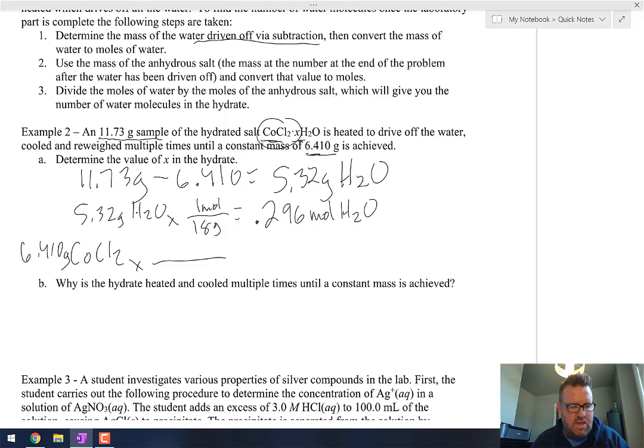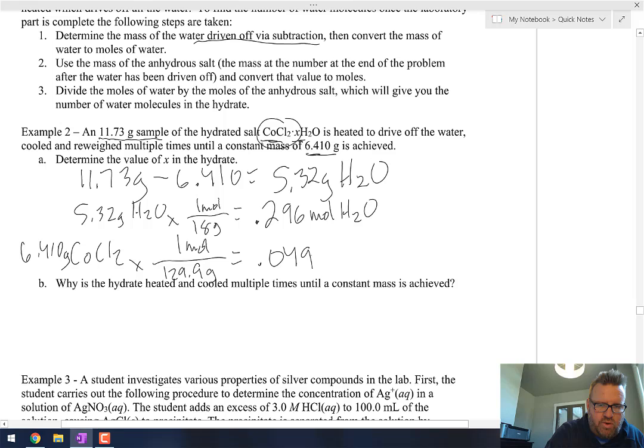So cobalt is 58.9 plus 35.5 times 2 equals really close to 130. We'll say 129.9 grams per mole. And 6.41 divided by that answer is 0.049 moles of CoCl2.